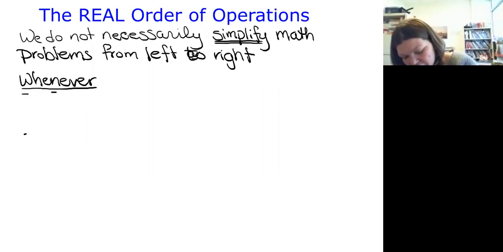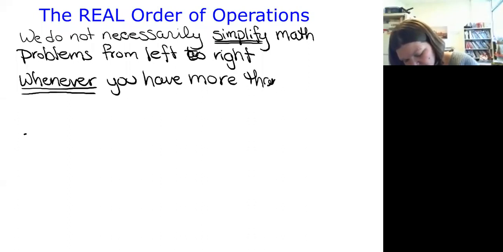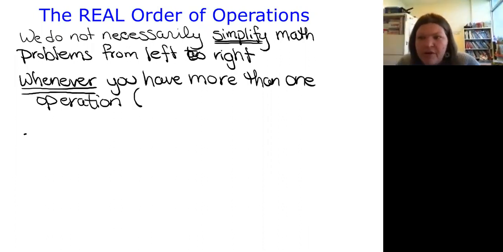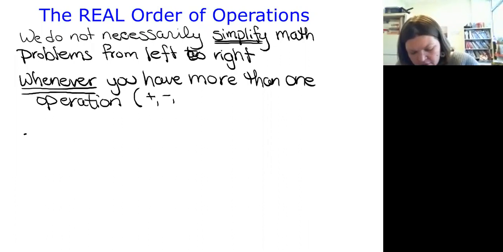Instead, in math, every single time, this is not a sometimes rule, these are not certain kinds of problems, whenever you have more than one operation, you might be thinking, what the heck are you talking about, Kate? What's an operation? Operations are the things we do with numbers in math class, like we add them together, we subtract them, we multiply and divide them. We raise them to powers and we root them.